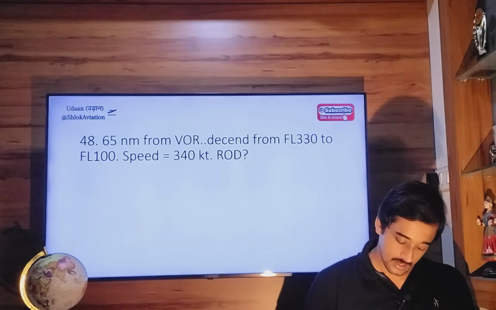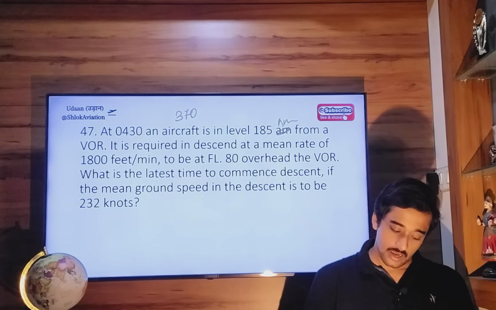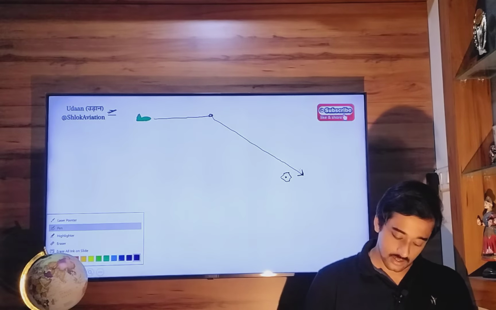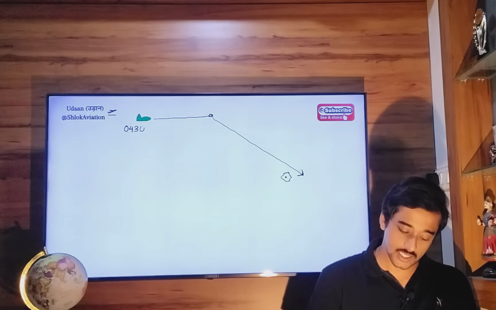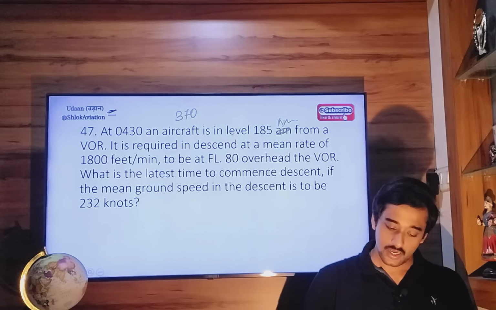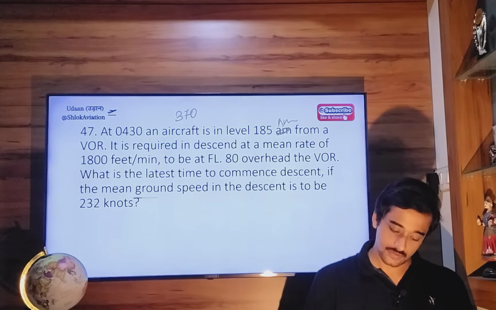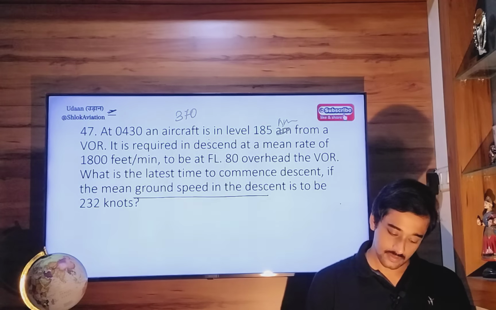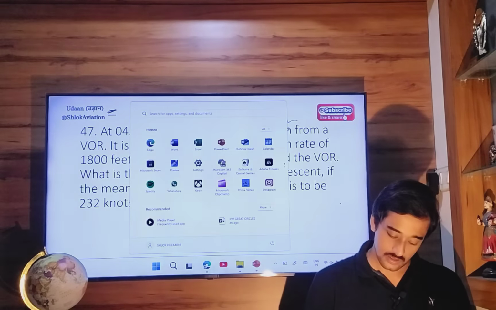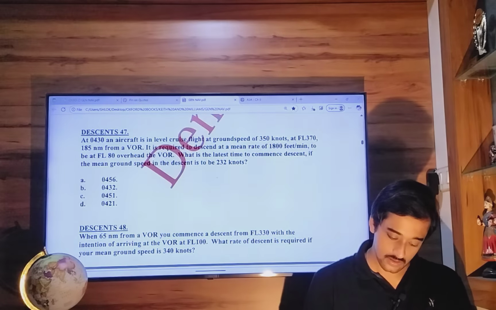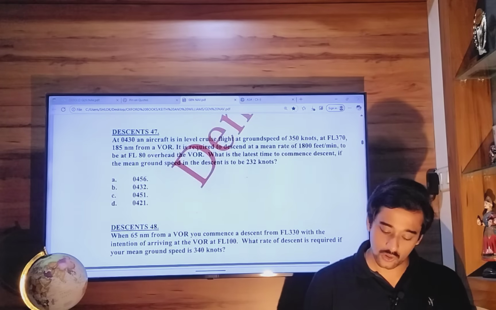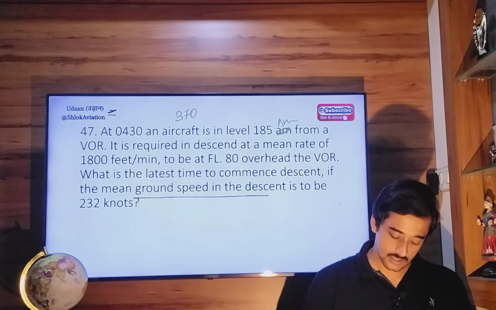Okay, so now the time at this place is 4 o'clock 30 minutes. So ground speed in cruise is 350 knots.